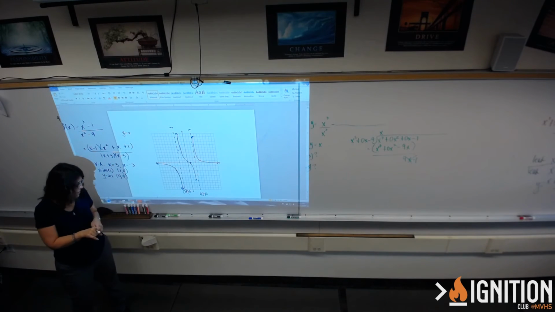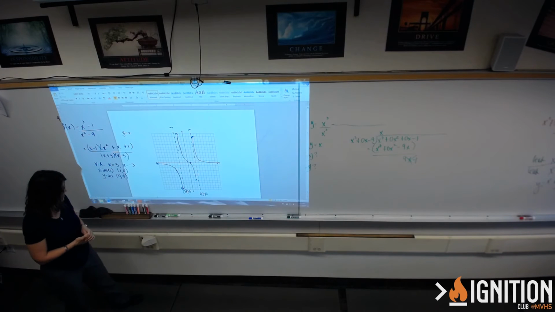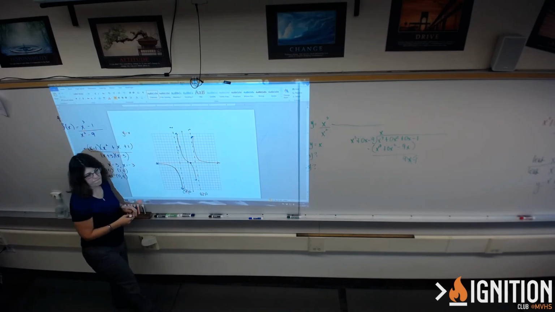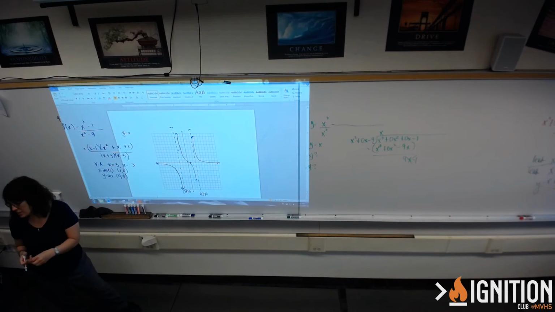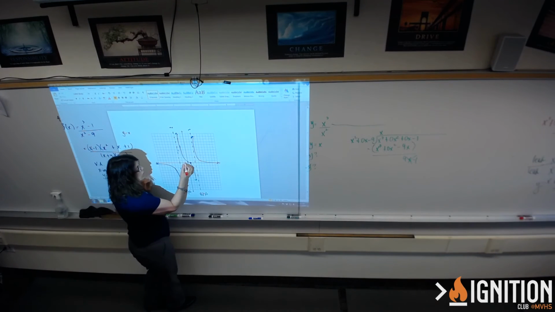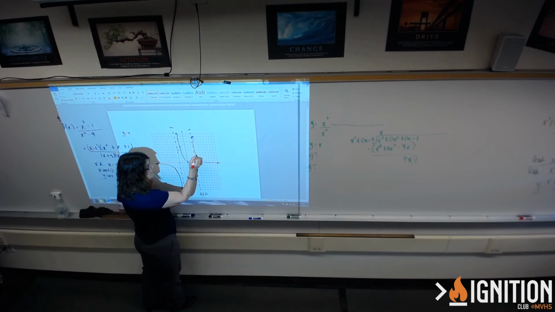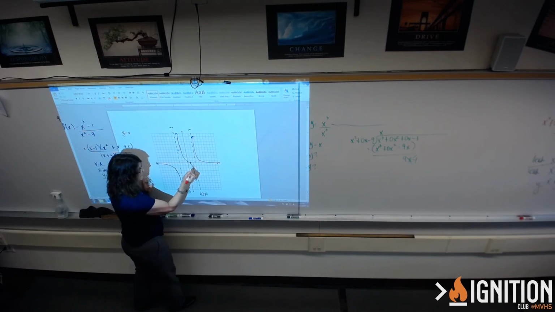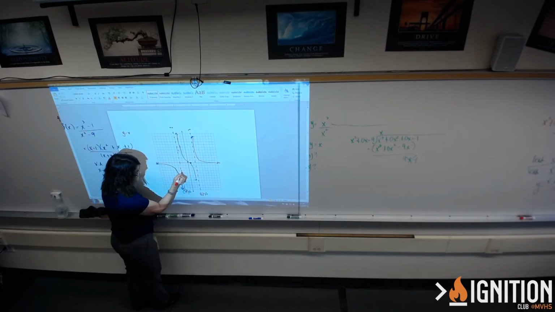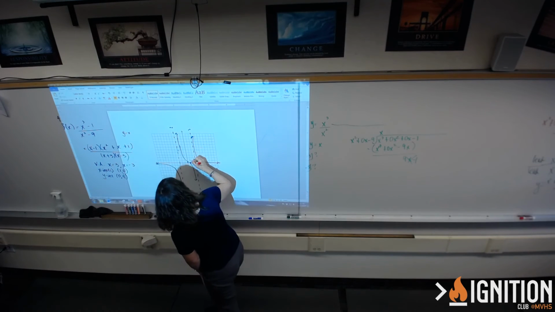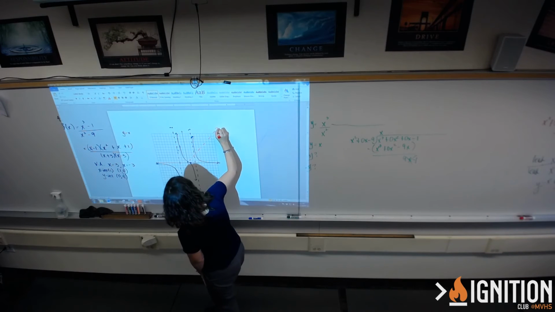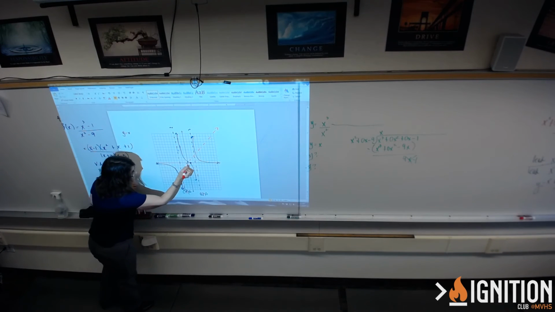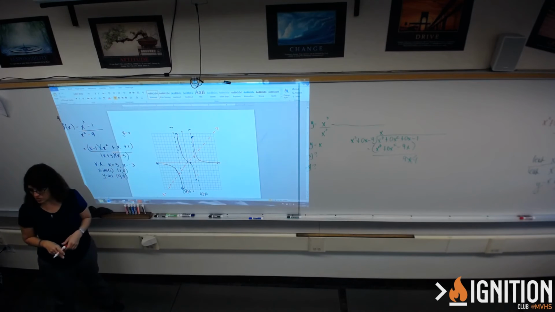But there's a problem with this, and that is I never drew in the oblique. Okay, only part of this is correct. So the oblique slope is 1. Yes?